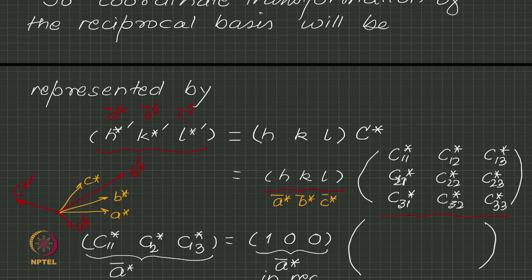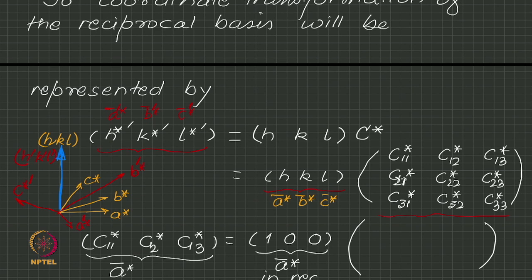If I draw a vector, let us say this vector. So, this vector is being expressed as HKL when I use the yellow coordinate system and is written as H prime K prime L prime when I am writing it in terms of the red coordinate system.